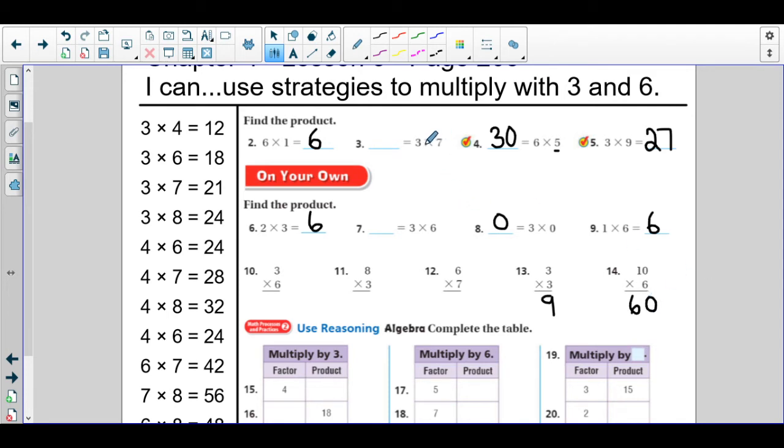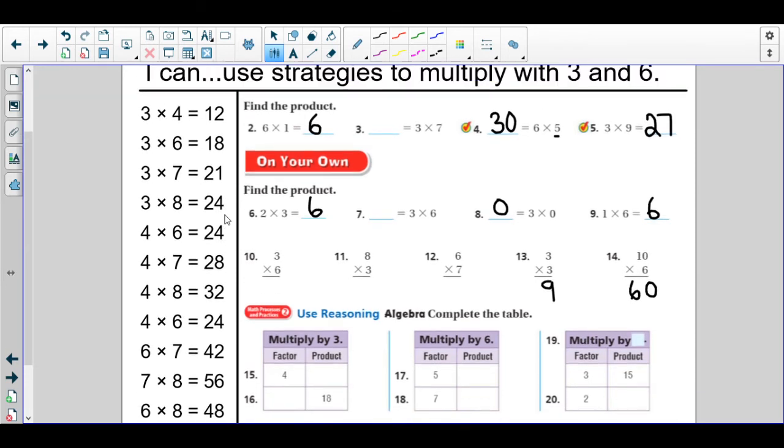So what we have left over here are a lot of the problems that we have right over here. And these are just a matter, like I said, of memorizing them, spending some time with them, and you should be fine.